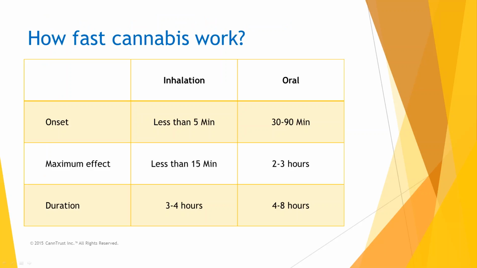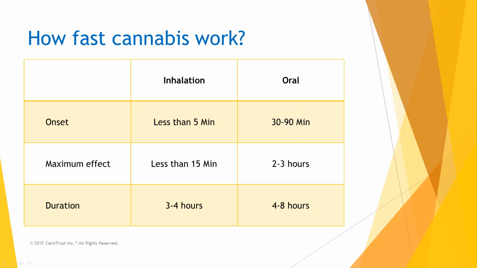How fast does cannabis work? The absorption of cannabinoids in the body is dependent on the method of administration. When cannabis is inhaled, cannabinoids are absorbed into the blood within minutes and transported to the brain. Maximum cannabinoid concentration in the brain is achieved within 15 minutes, corresponding with the peak of the psychological and physiological effects.